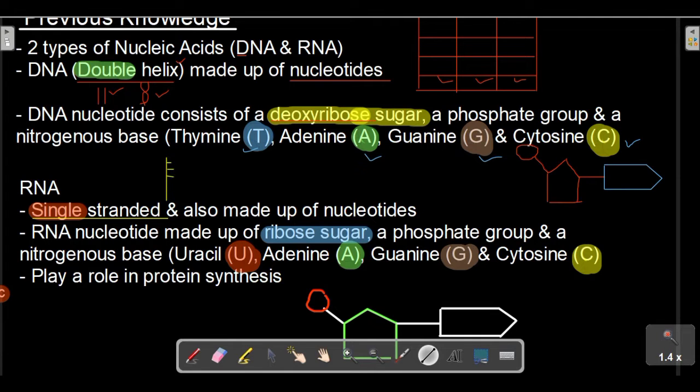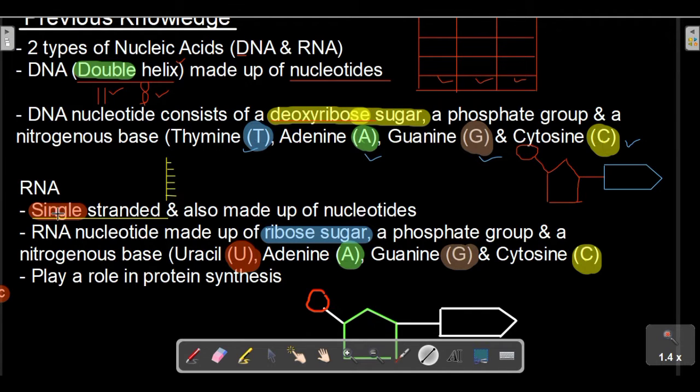So it doesn't have a second strand that it is bonded to, unlike the DNA. So that's one difference, so we note that. I've highlighted this: the DNA is double-stranded, the RNA is single-stranded.